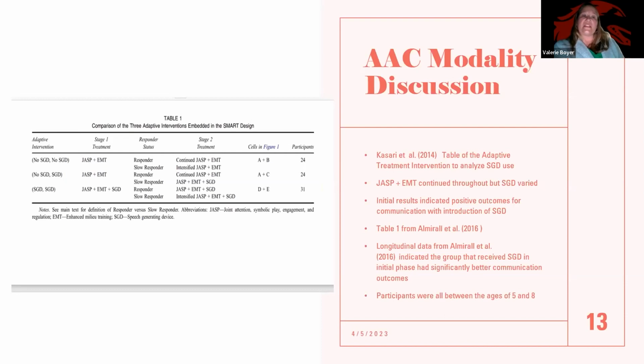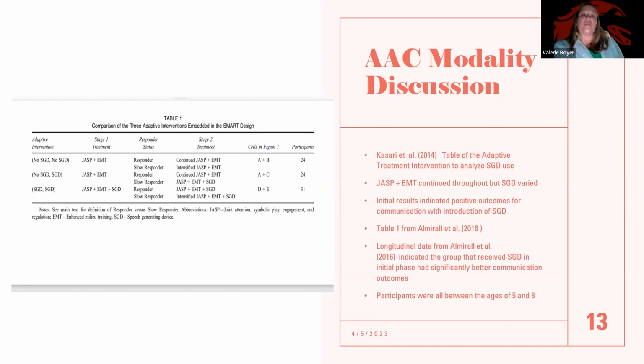So the group that wasn't responding to the JASPER and EMT in the way they had hoped would have the speech generating device added. And then in the last group, you can see they had speech generating devices from the get-go. So from the start of intervention with the JASPER and the EMT, they had the speech generating device added in.